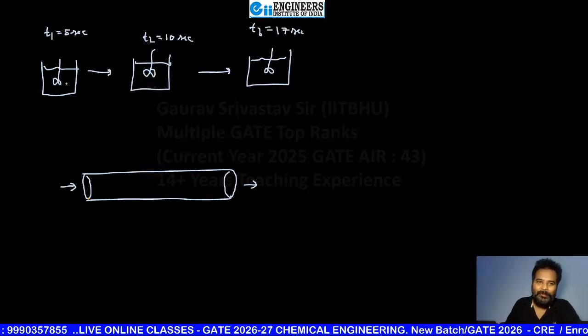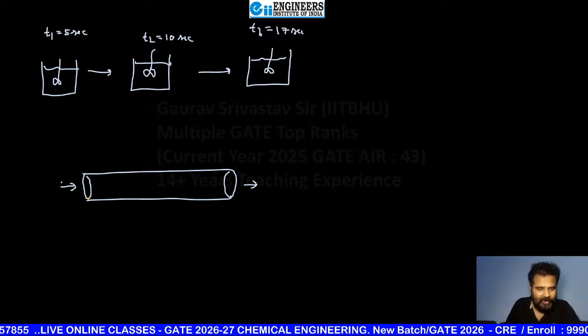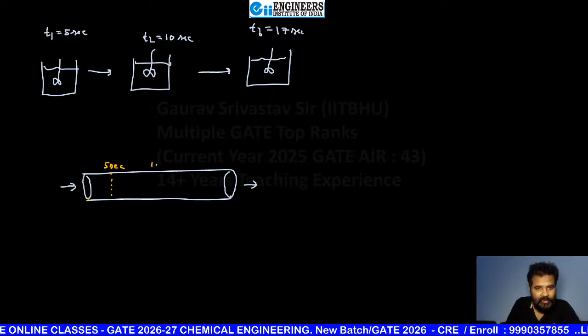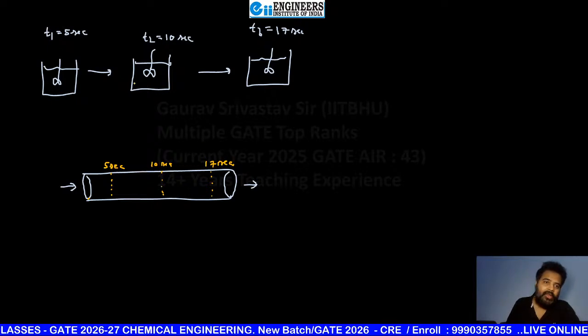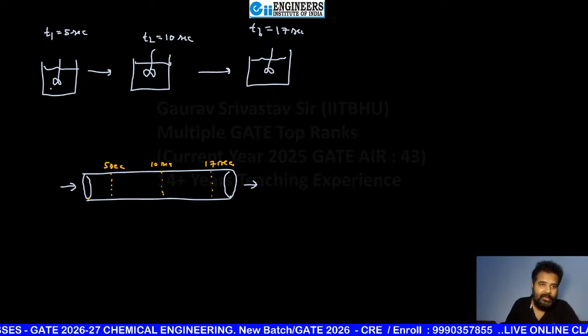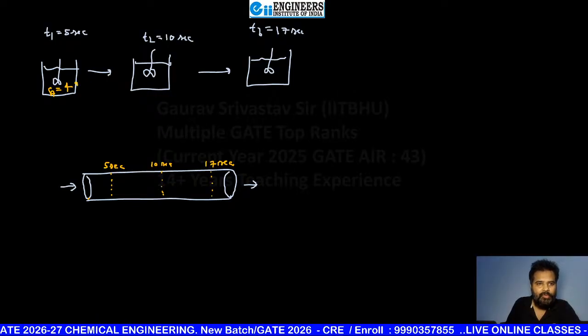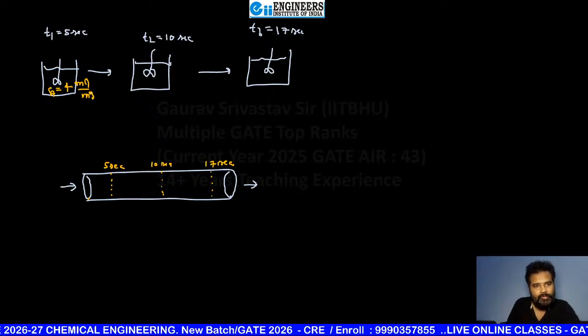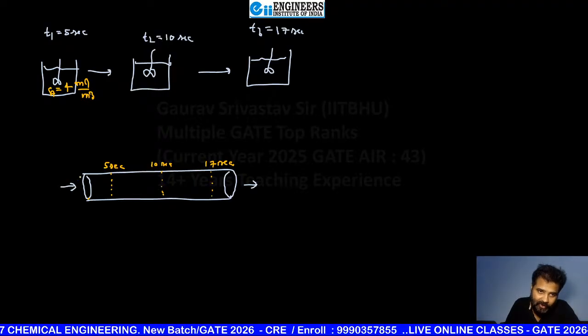Now just focus here. Suppose at t1, at 5 seconds, the same reactant here enters and reaches here after 5 seconds. Okay, and reaches here after 10 seconds and reaches here after 17 seconds. If after 5 seconds here I am checking what is the value of concentration, suppose I got concentration 4 mole per meter cube. So in this PFR after 5 seconds this reactant is here.